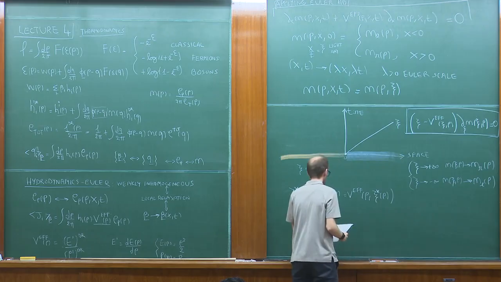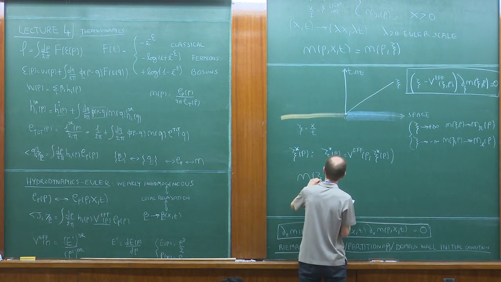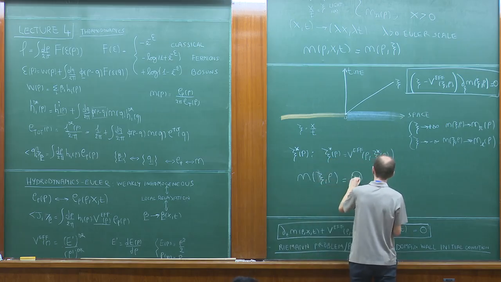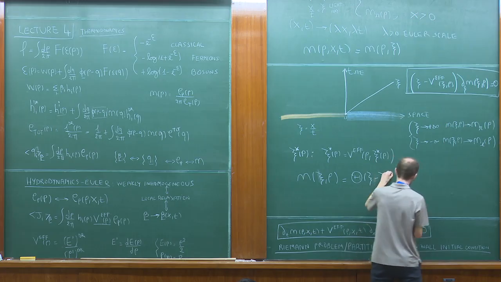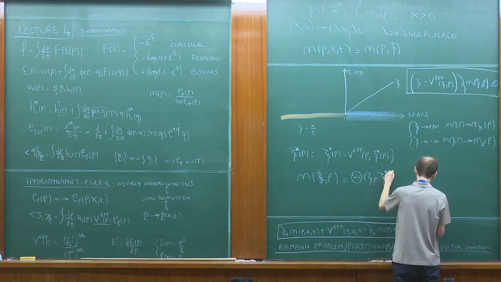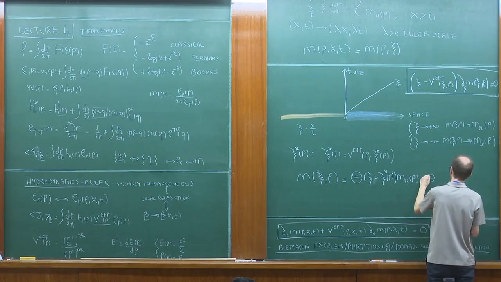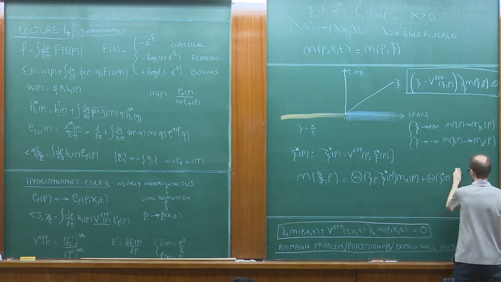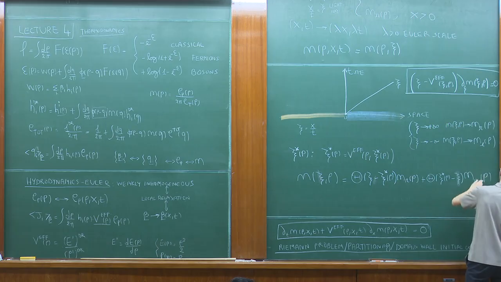Otherwise, if this is not verified, this is not 0, and you need to have n constant. And therefore, we can write n of xi and p as, we can write the solution of the equation in this form, you see?